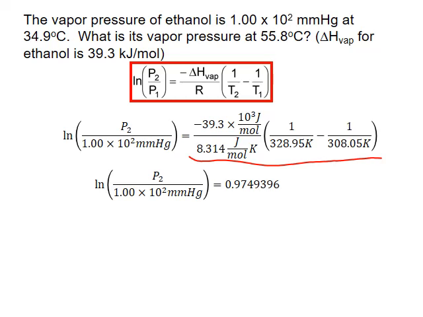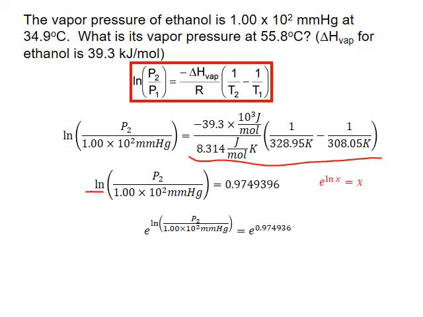This type of calculation is particularly sensitive to rounding error. I'm carrying several more significant figures to minimize this. I'll round my final answer, but not anywhere in between. Now I need to get rid of the natural log function on the left-hand side of the equation. Remember that raising a natural log as an exponent to the base e essentially eliminates the natural log and leaves us with the value inside.